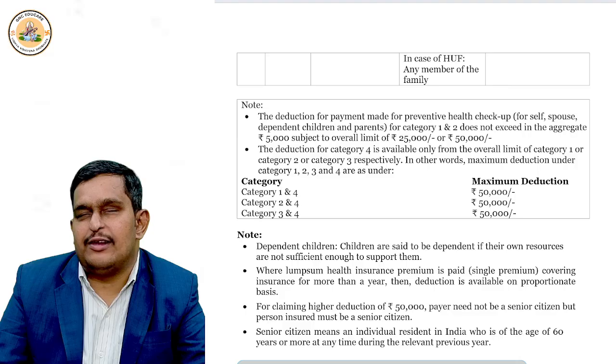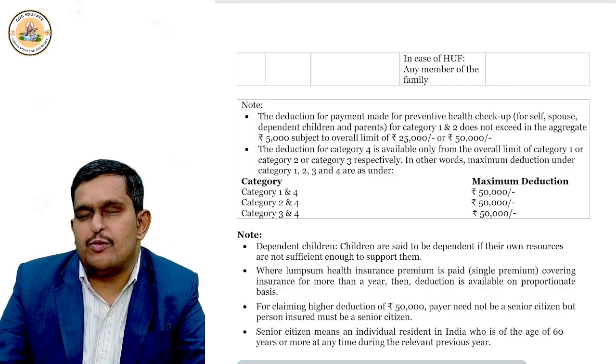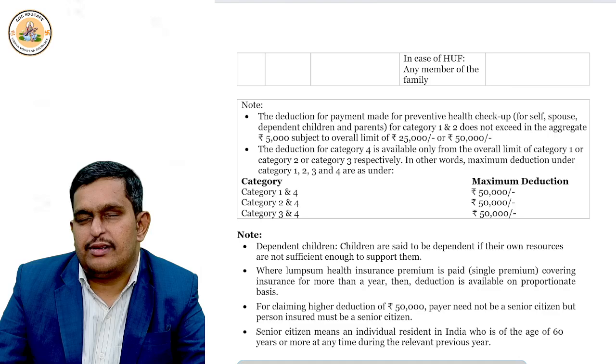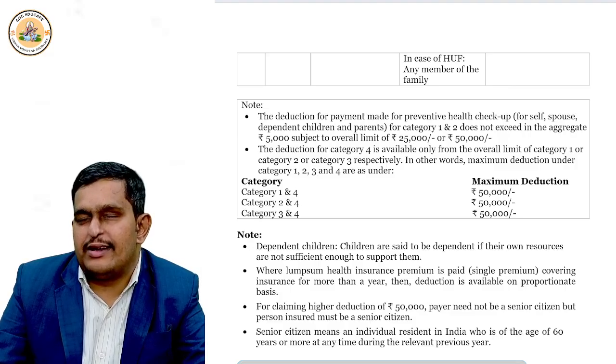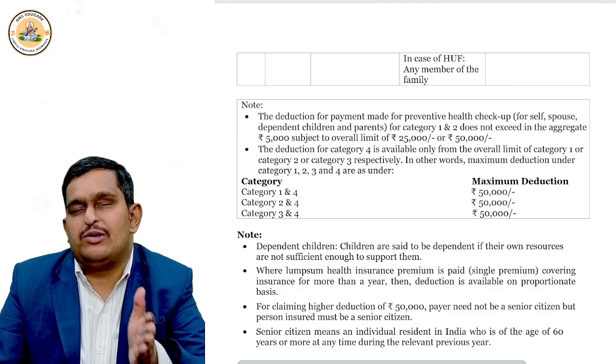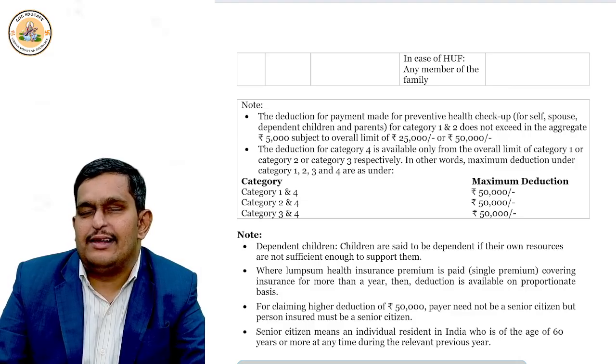The next thing we have to discuss: sometimes you pay premium in lump sum for 5 years, 10 years. Then can you claim the deduction in installments? The answer is yes. If you pay the amount in lump sum also, still you can claim the deduction in installments.